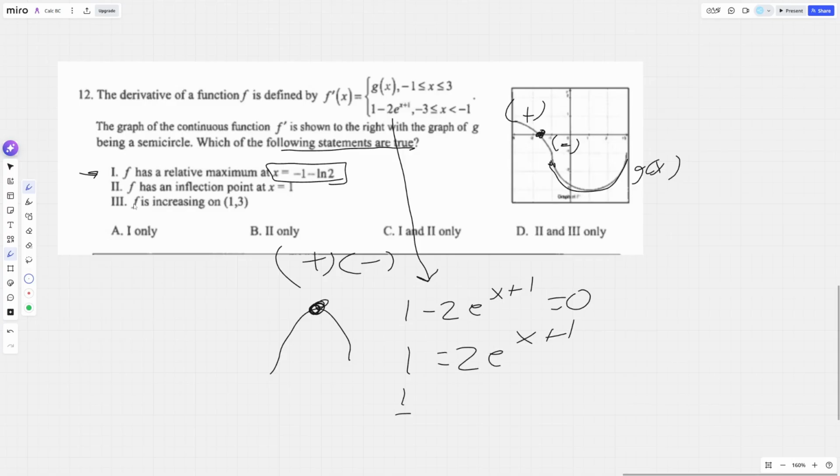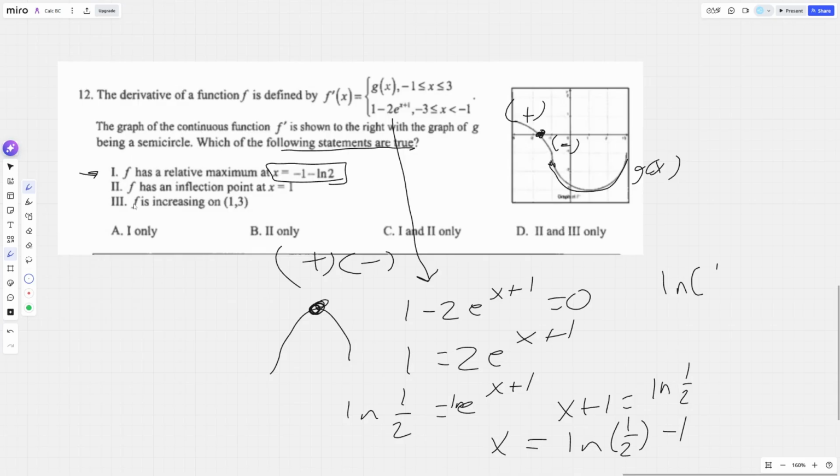Now we have 1/2 is equal to e to the power of x plus 1. Take the natural log of both sides. You have x plus 1 is equal to natural log of 1/2. And here we're going to subtract 1 from both sides. You have natural log of 1/2 minus 1.